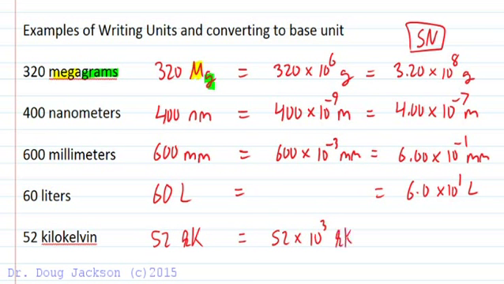Don't forget the units. 5.2 times 10 to the 4 kilokelvin. Okay, so we should be able to take all of our problems and convert our units to their base unit using this method. We'll look at more ways to do conversion factors in a different video, but as far as the meaning of units and writing our units, we should be familiar with these devices, prefixes, and unit quantities for the first exam.